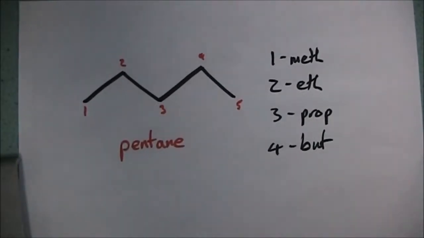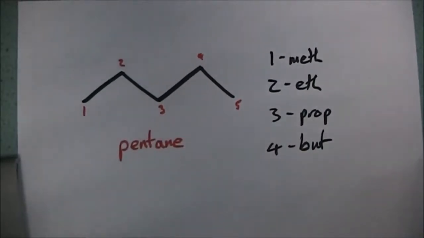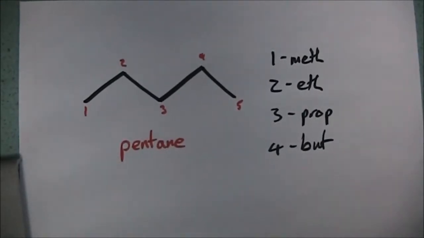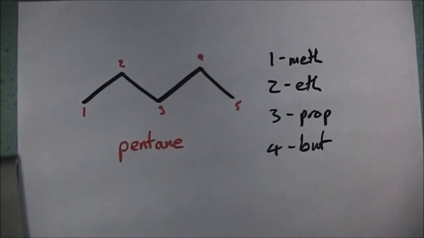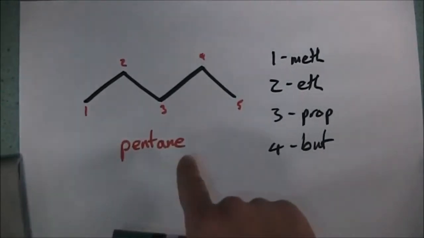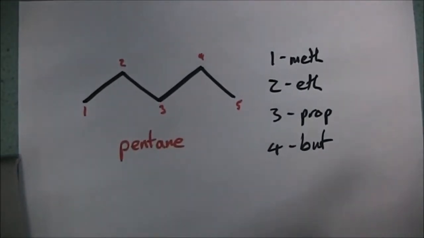Basically, if you think of a shape and think how many sides it has got, and you use the same prefix as the shape for the letters. So a pentagon would have 5 sides, so a 5 carbon chain is a pentane. If you had a hexagon, it has 6 sides, you have hexane.